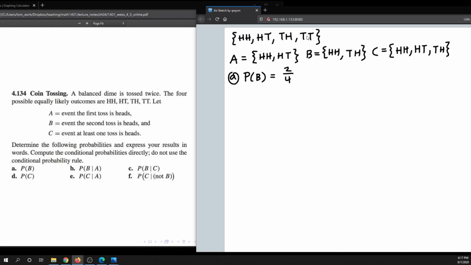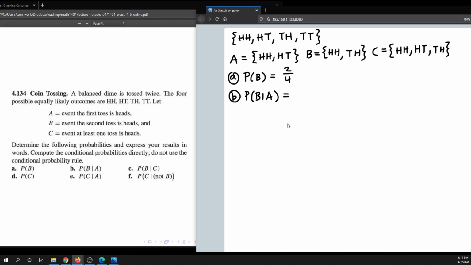All right, part B is the probability of B given A. So this is the first conditional probability that we are going to calculate. And how you would calculate this conditional probability is that now we are given that event A has occurred, right?